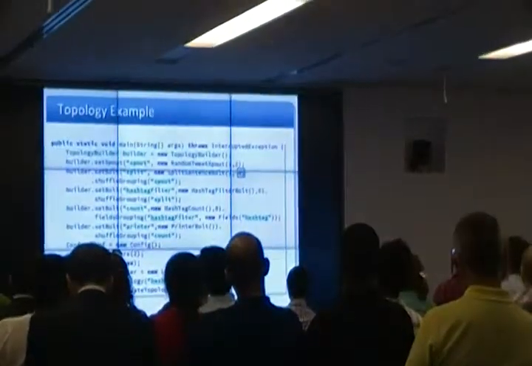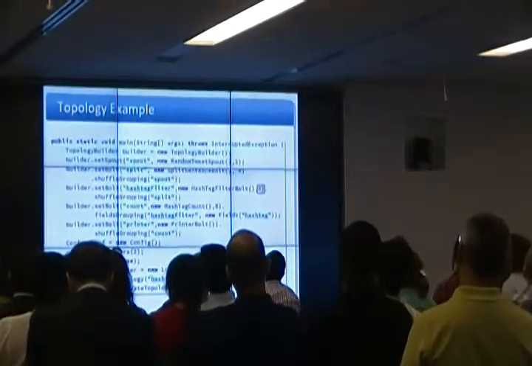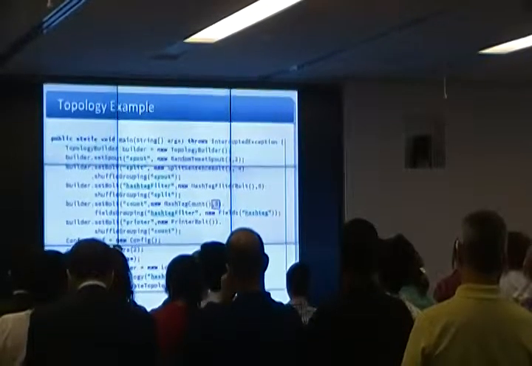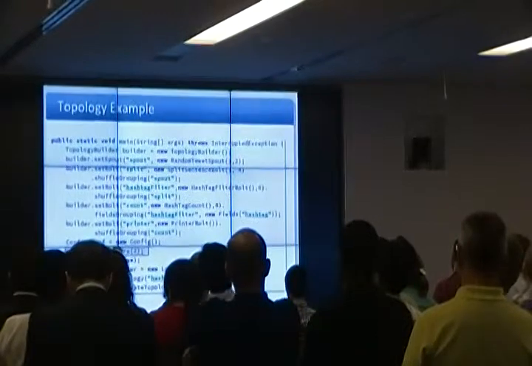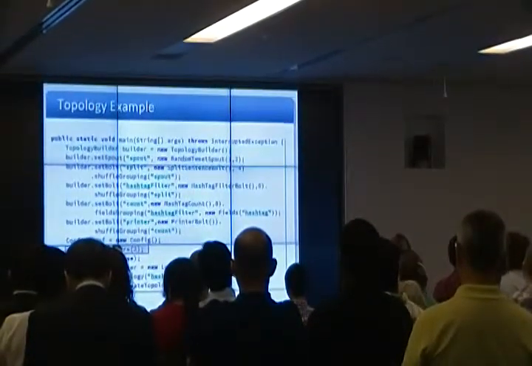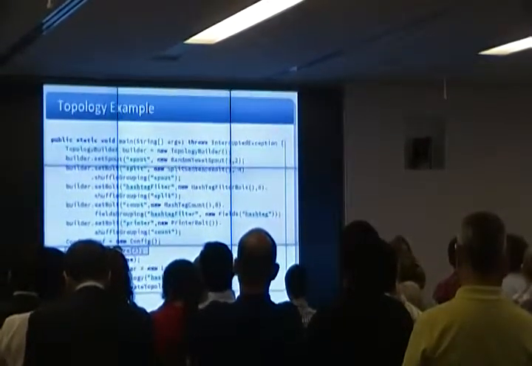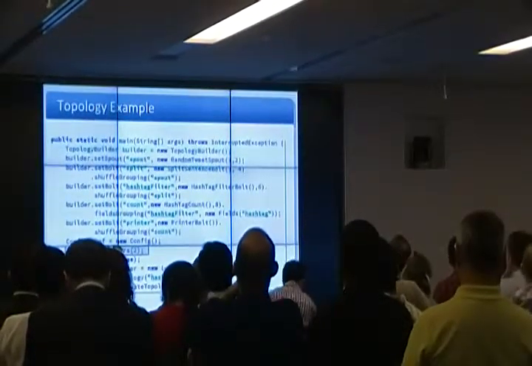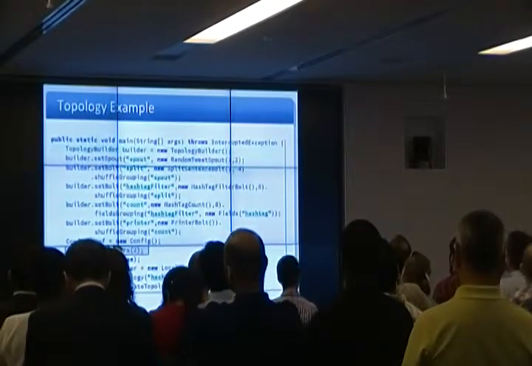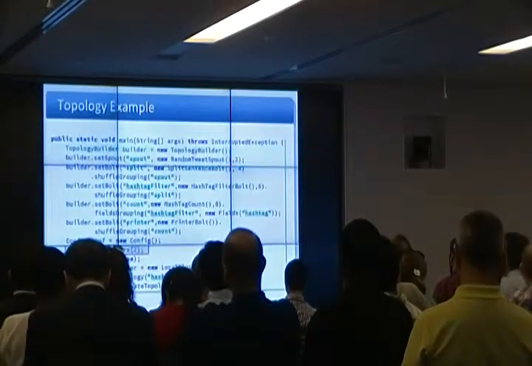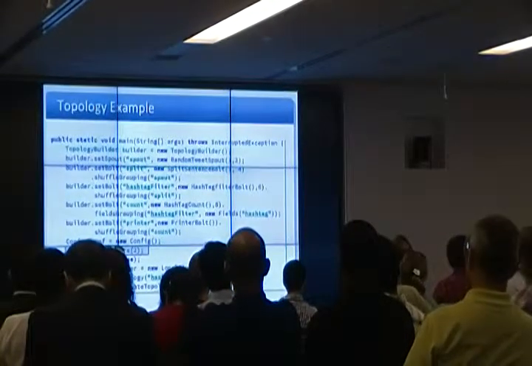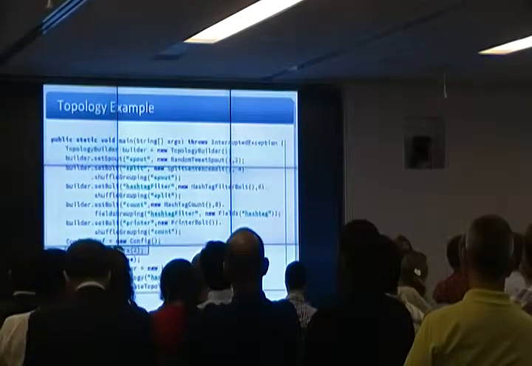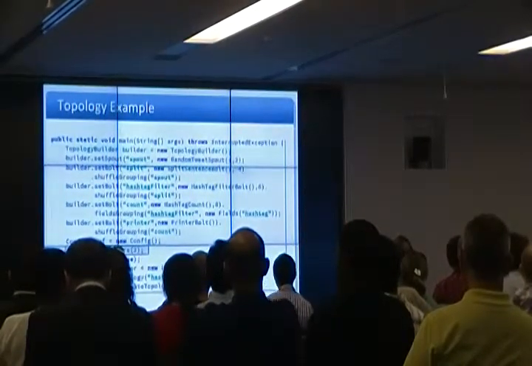So I want 2 for the spout, 4 for this one, 6 for hashtag filter, and 8 for hashtag count. Also I want to say, okay, run all my components on 2 Java virtual machines. So set number of workers will be translated into how many JVMs you will have. If you have 1 machine, Storm will create 2 JVMs on 1 machine. If you have 2, 1 JVM will be created on each machine.